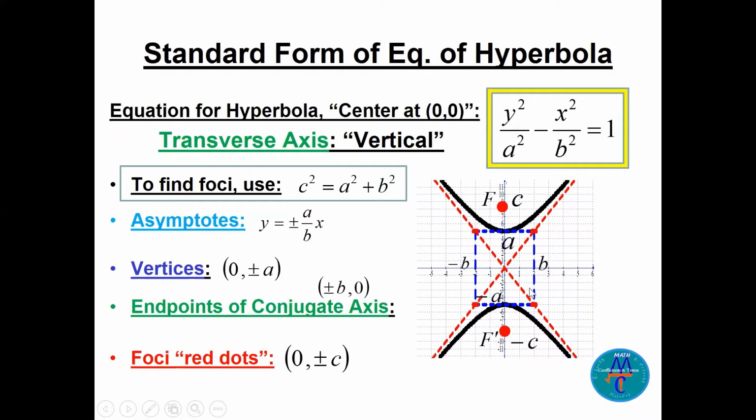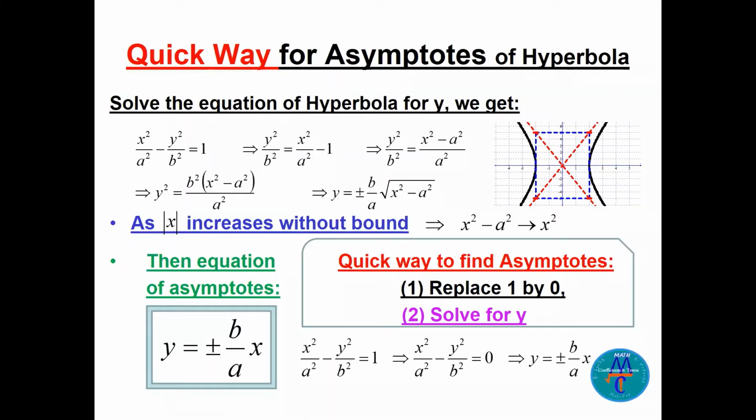If you take the first diagonal and draw a dashed line, that will be the first asymptote. If you take the other diagonal and draw a line, it will be the second asymptote. Here is a quick way for finding asymptotes of the hyperbola.